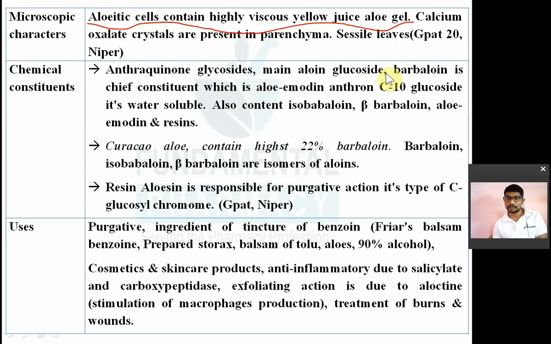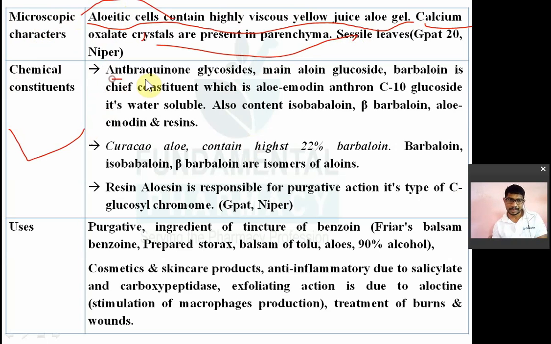Okay, so again this aloe vera consists of calcium oxalate crystals which are present in the parenchymatic cells. Just remember the aloetic cells. So juice present in the aloe vera is stored in the aloetic cells.